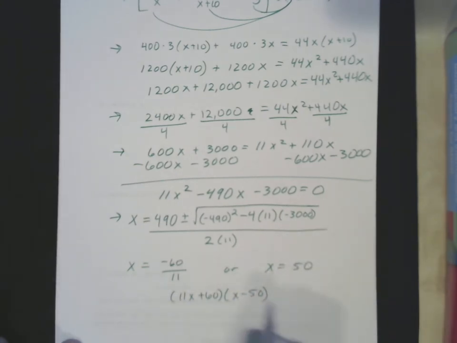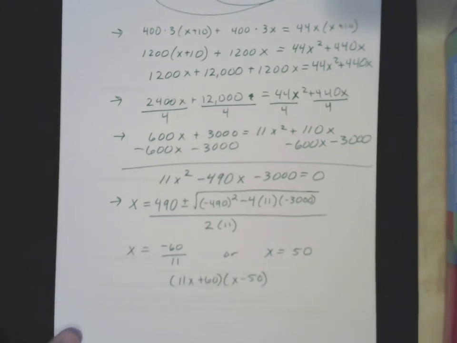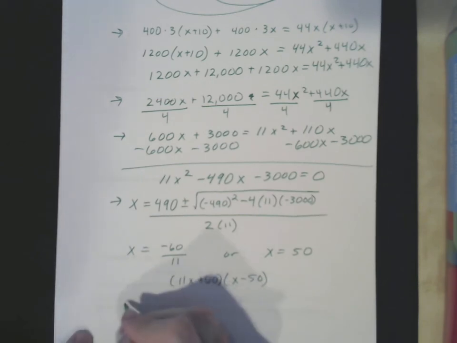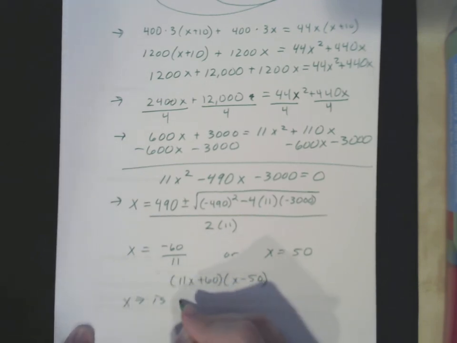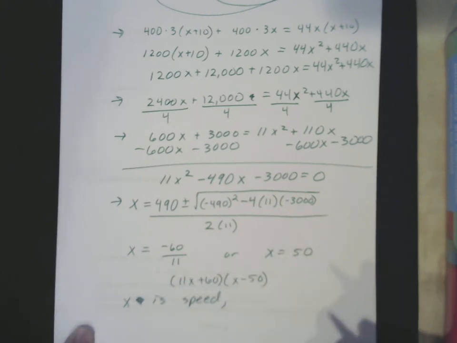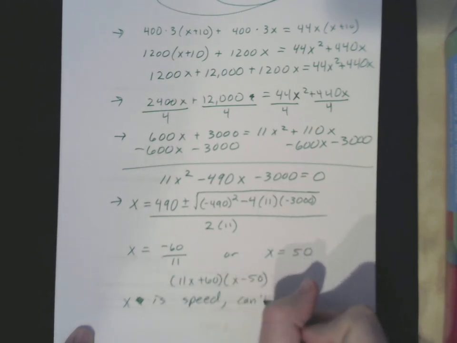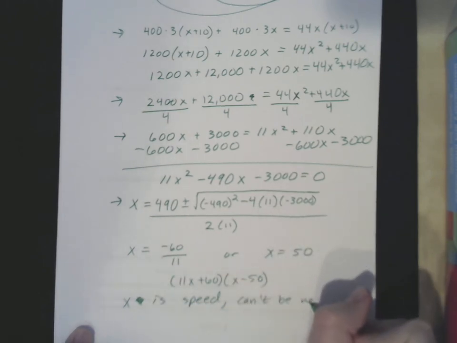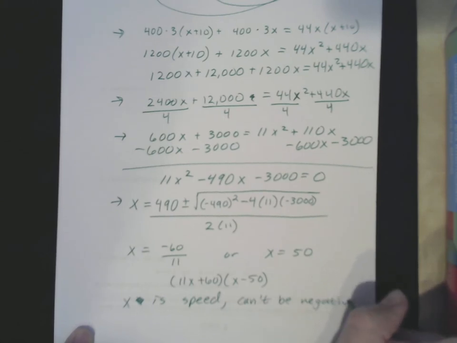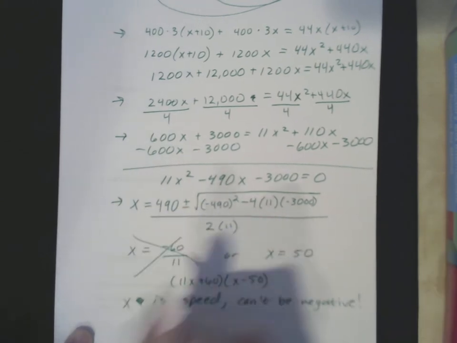Now, I wouldn't expect you to know that it factored, but we have our solutions. And so now we have to think about what is x. Well, x is speed. And speed, we know, can't be negative. So we're just going to cross that out.